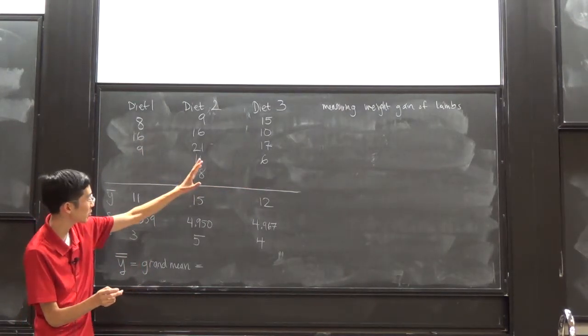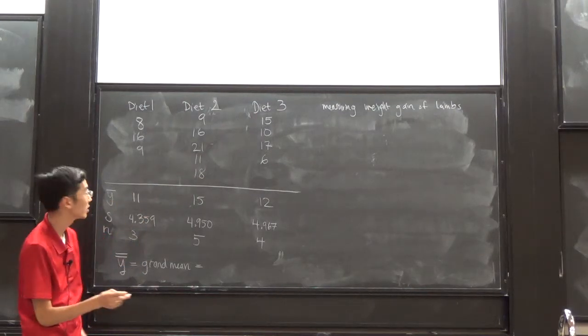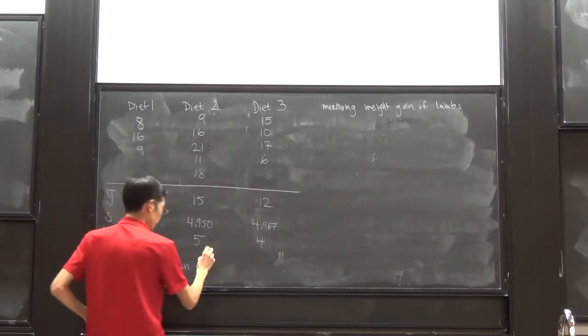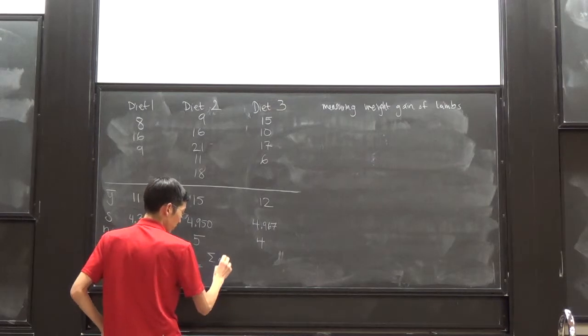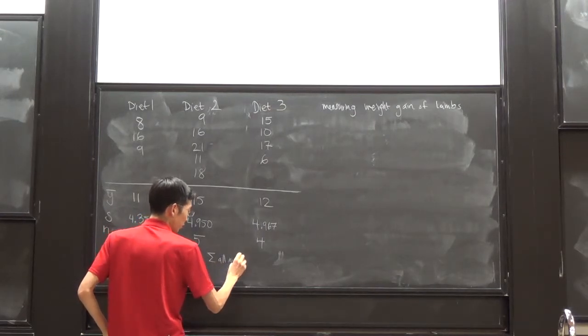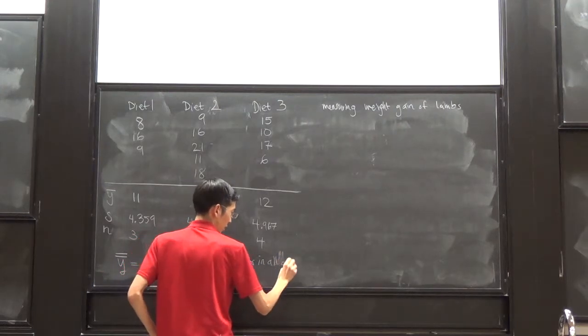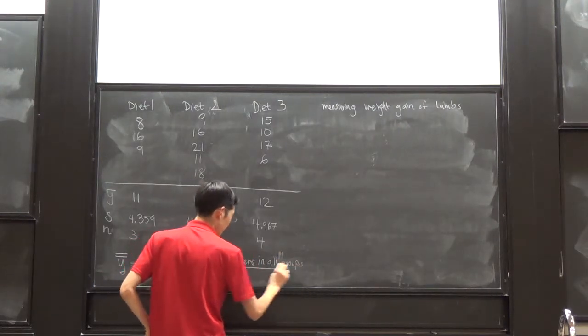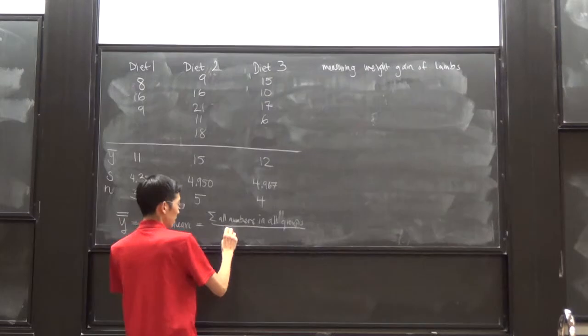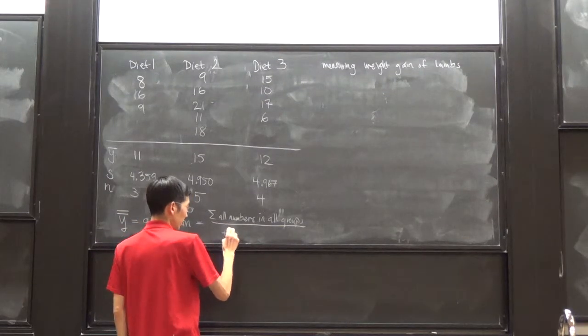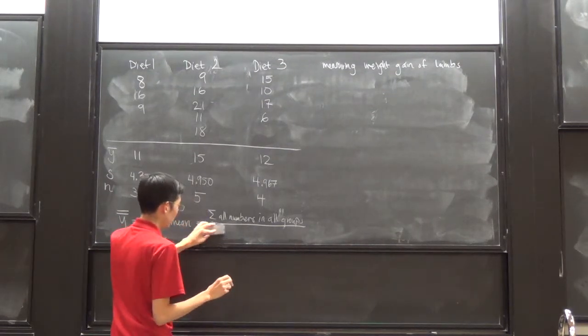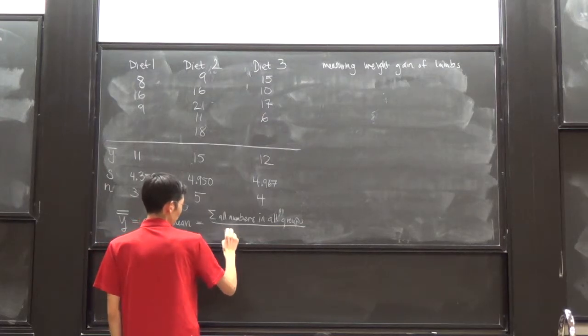We add them all up, and we divide by 12. So add up all the numbers in all groups, and divide by how many numbers we have in total.